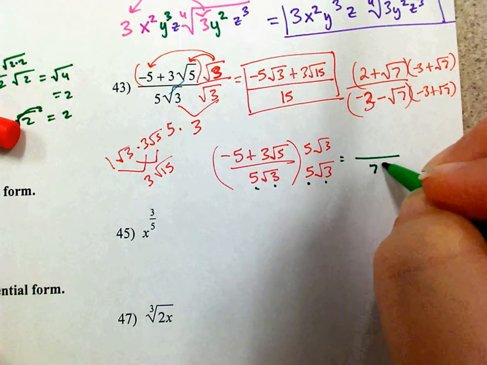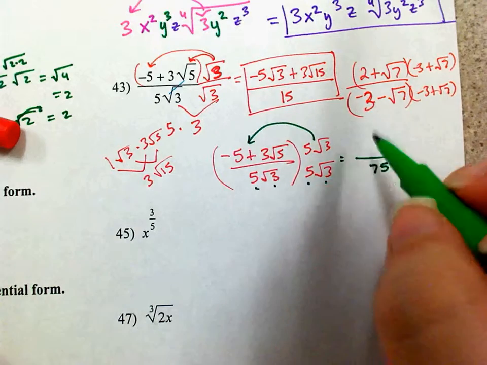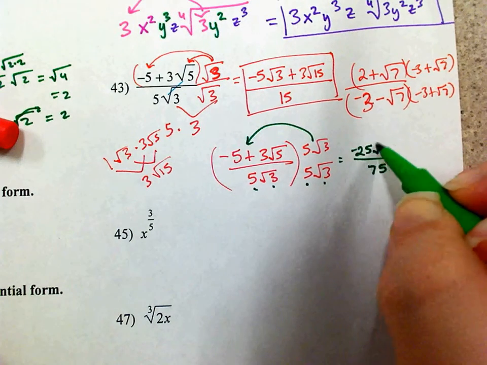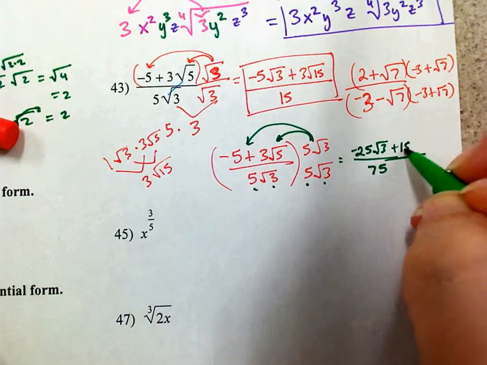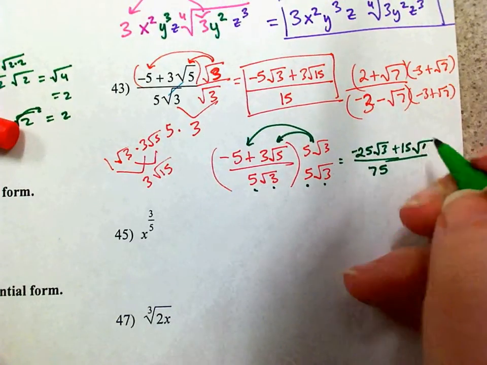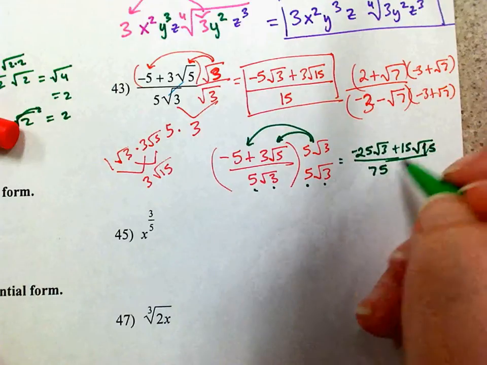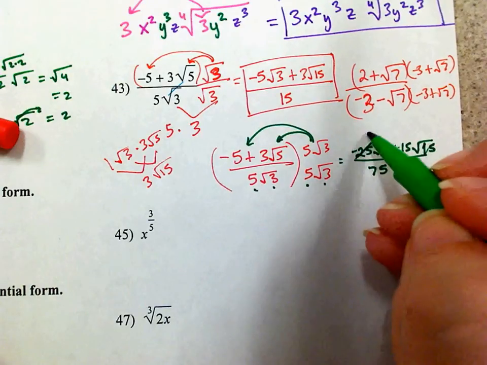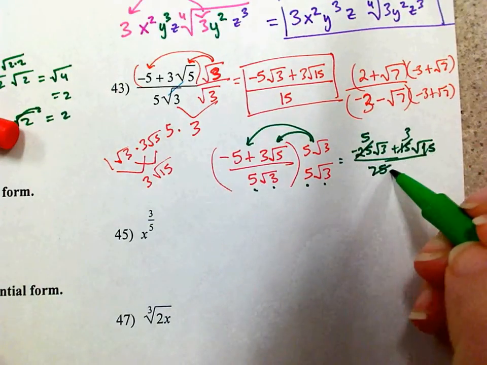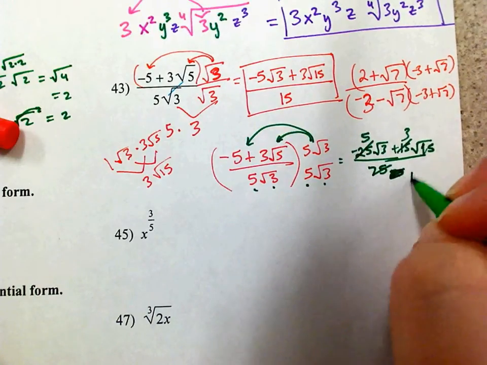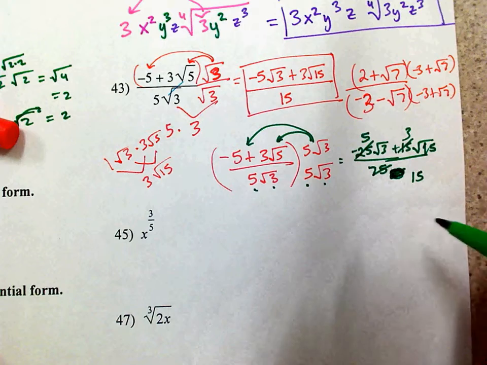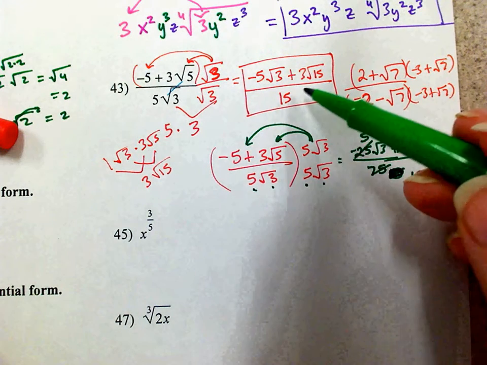And then you get negative 25 root 3, and you get 15 root 15. But 25, 15, and 75 all divide by 5, so divide by 5. Just kidding, it's dividing by 3, which gets you back to this. So if you don't have to, then don't multiply by the 5.